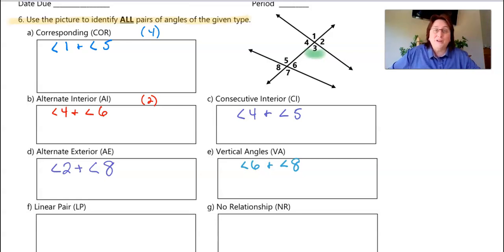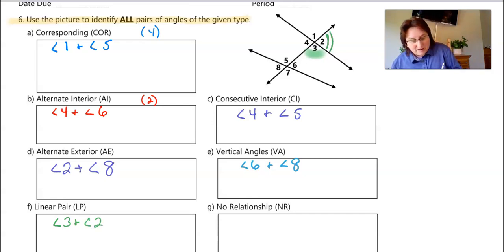All right, let's see if you guys were on track. Okay, angle 3 actually has 2 different possibilities. Angle 3 is a linear pair to angle 2 right here. That is one possibility, okay?